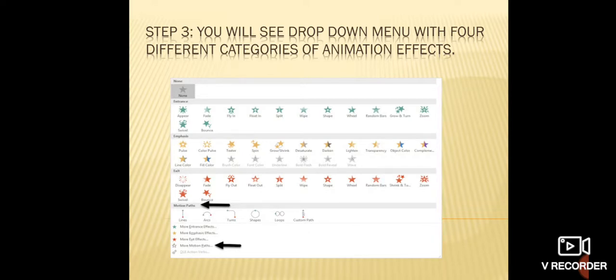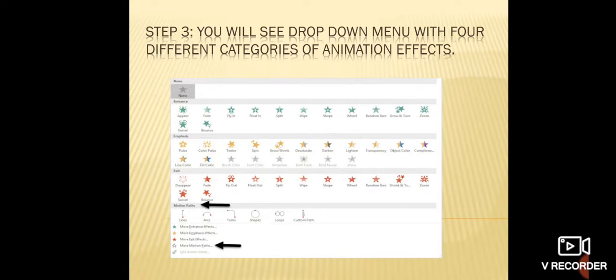The next one is motion path. Last one is motion path. This is the motion path. This transition effect under this heading will make the object slide or move up, down, left, right, or in various patterns like star and circular. Okay, you can give a motion to your object under this heading. If you want to give a motion to your object, you can use this motion path.